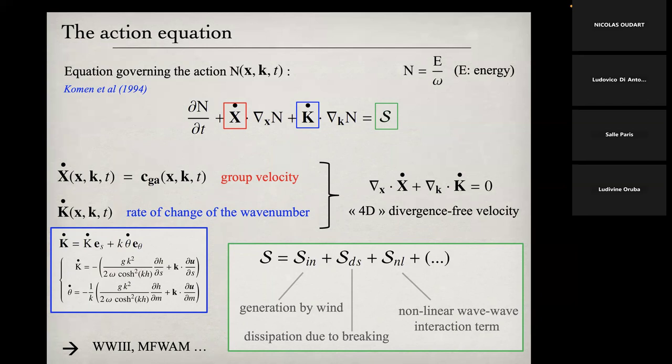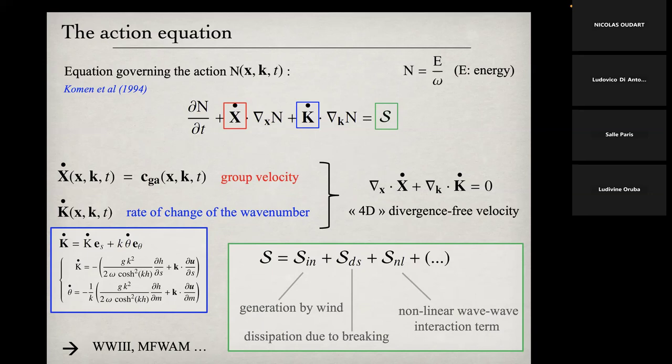The advection part of the equation is on the left, and you can see x dot, which corresponds to the group velocity. That corresponds to the velocity of the waves in the ocean. And you have k dot, which is like a spectral velocity, which corresponds to the rate of change of the wave number.